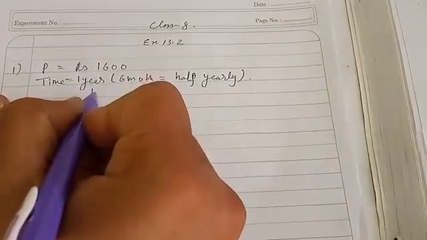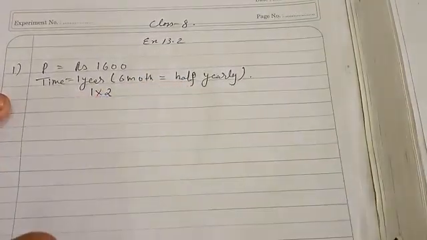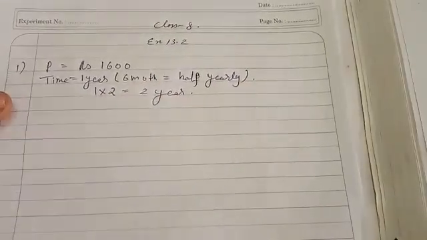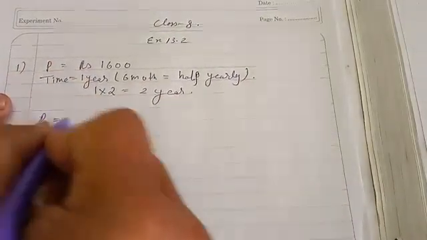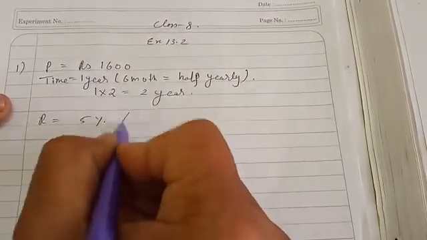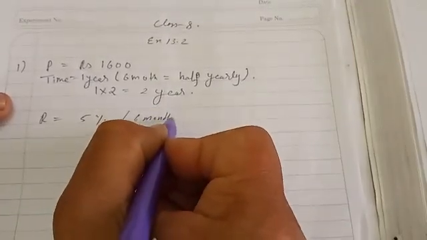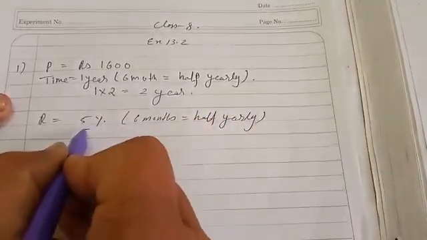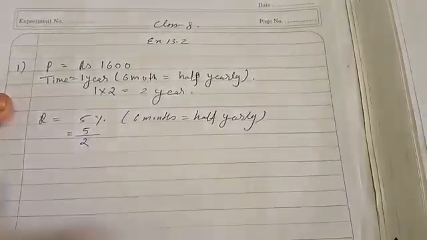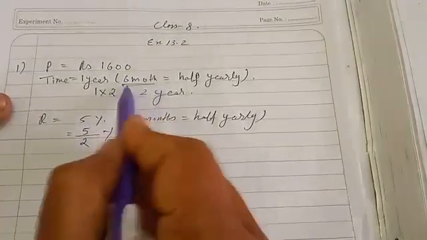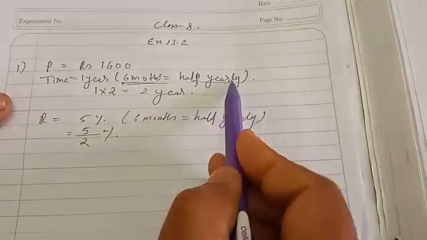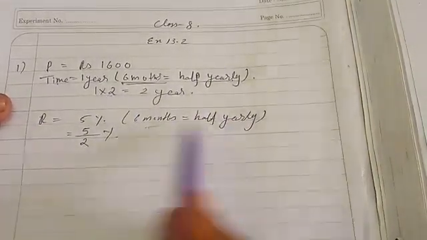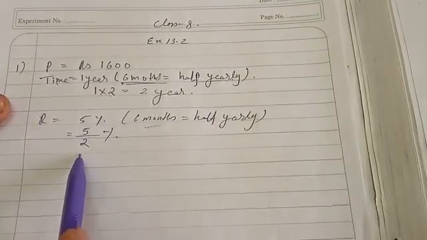Half yearly means the time is multiplied by 2, that is 2 years. Now the rate, 5%, is also given for 6 months, that means half yearly, so it is divided by 2. Remember this very important thing: 6 months means half yearly, the time is multiplied by 2, and the rate is divided by 2.